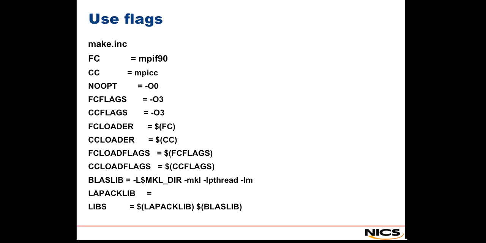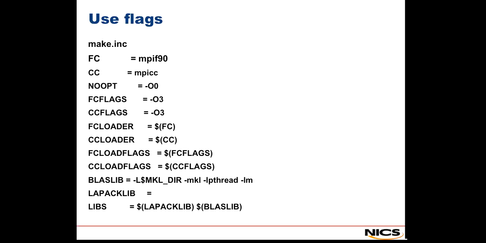And for the capital CC, here I associate mpicc to it, which is a C compiler. For example, you have the FC flags. You can understand this name as the Fortran compiler flags. If you want to optimize your code, you can use -O3. It's a pretty high optimization level. The CC flags is for the C program.